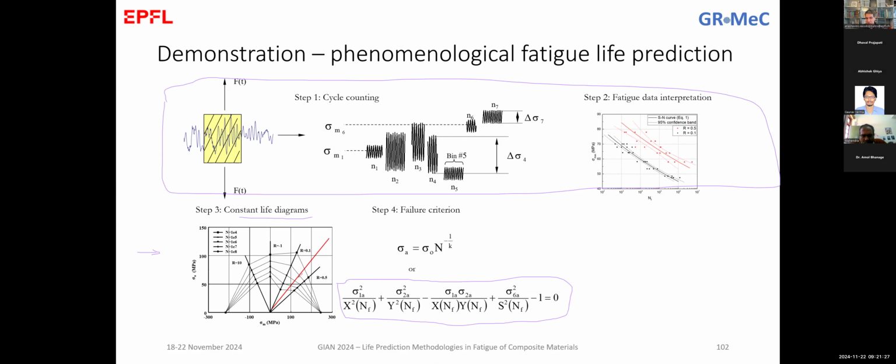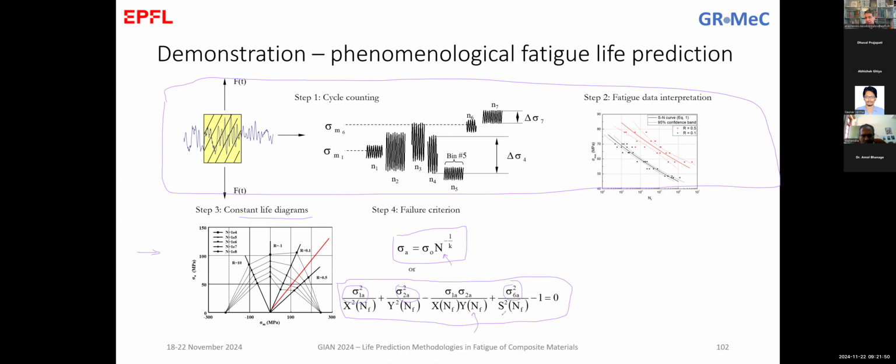We go further from this, we estimate the SN curve for different angles. If we don't have multi-axial stress states, we can simply go with these equations to estimate the number of cycles. But for the cases where we have multi-axial stress states, you see here sigma 1, sigma 2, and sigma 6 in the material system, to estimate the number of cycles, we have to solve this equation.